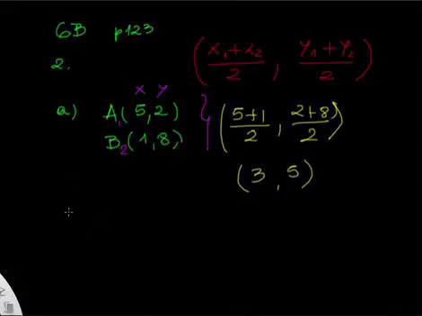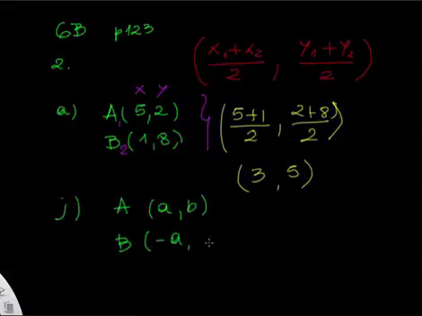Very simple. Now let's use letters. I'm going to say to solve the letter J, and my point A has the next coordinate point, that's a and b. Now for B, I will have in this case negative a and 3b.